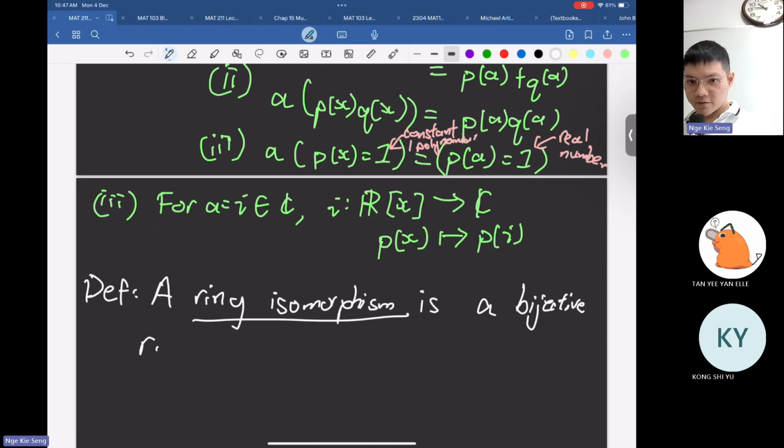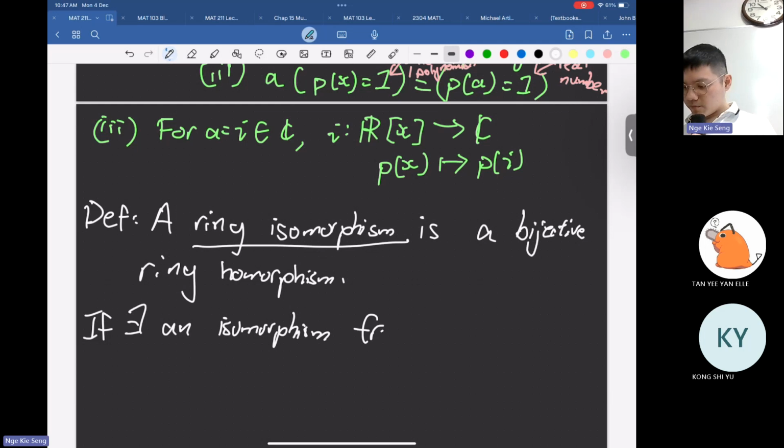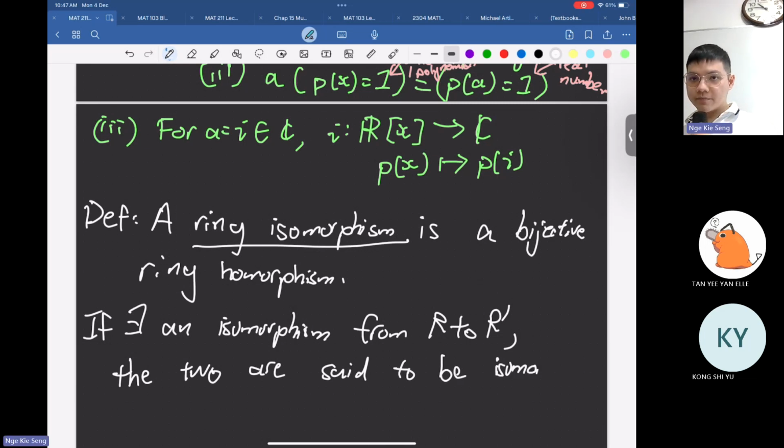So if we have an isomorphism from R to R prime among two rings, then the two rings are said to be isomorphic.